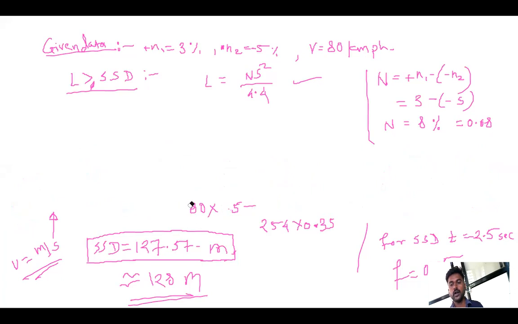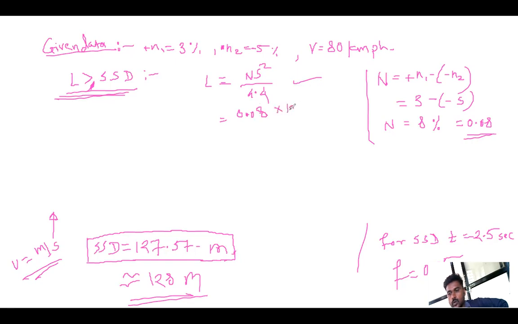I have assumed that the length of the summit curve is greater than SSD, so the formula will become NS square divided by 4.4. What is my N? As we calculated, 0.08. So it is 0.08 into 128 square divided by 4.4. That will be your length of the summit curve. So tell me the answer.